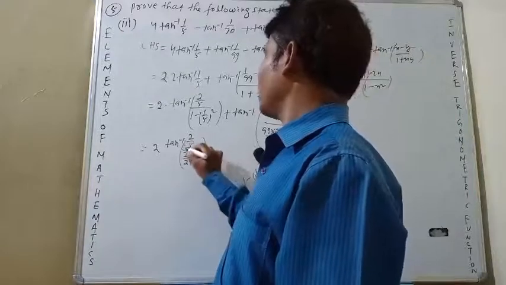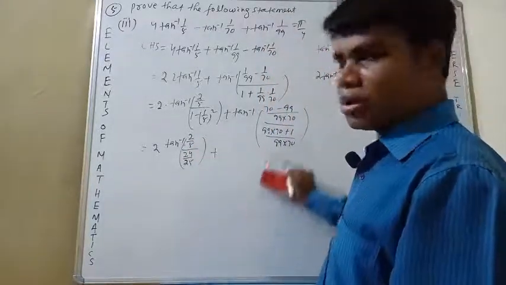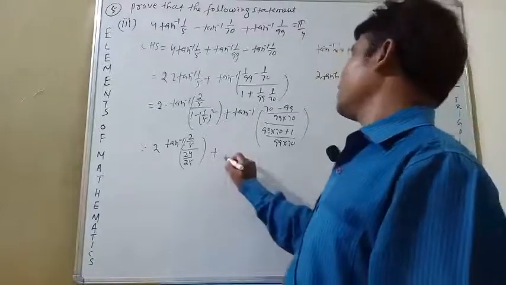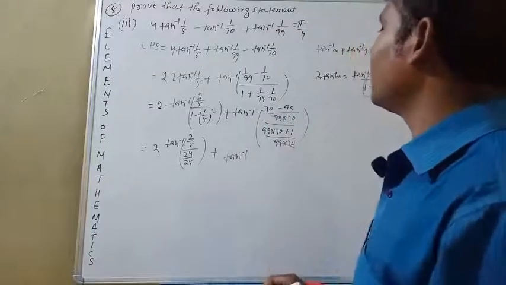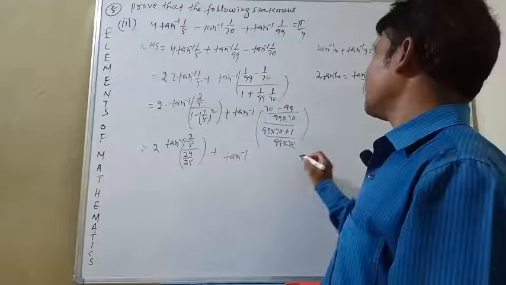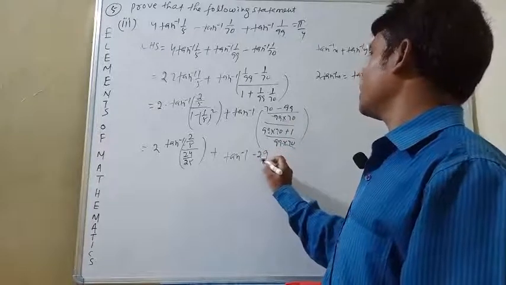Plus tan inverse, these two will cancel out. 70 minus 99 is equal to minus 29.